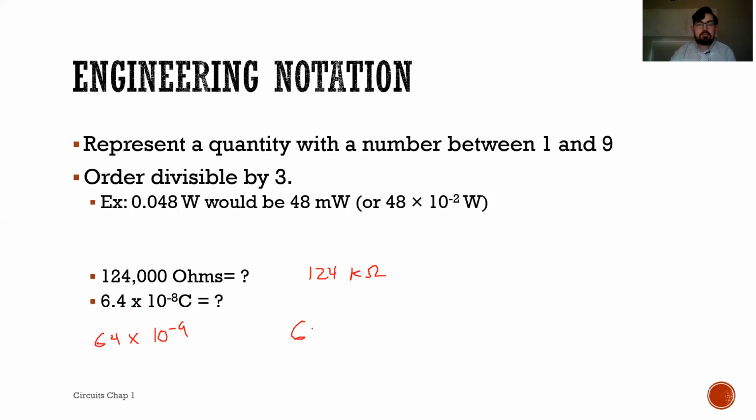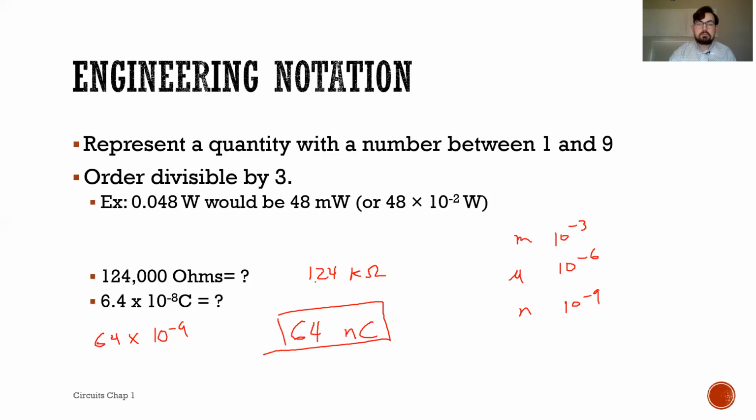And when we have 10 to the negative 9th, the units for that, right? One step down would be milli. That's 10 to the negative 3rd. 10 to the negative 6 is micro. And the next one down is nano. So we drop this down to nanocoulombs. This would be 64 nanocoulombs, and this would be 124 kiloohms. So that's the example of how we do it.